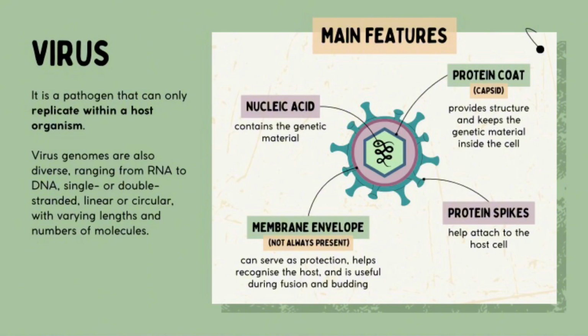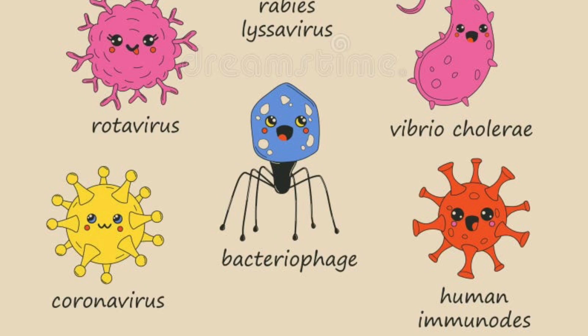It is genetic material surrounded by a protein envelope. And ang virus genomes are also diverse, ranging from RNA to DNA, single or double-stranded, linear or circular, with varying lengths and numbers of molecules. Marami ring kinds of viruses, and they are known for the diseases they cause.